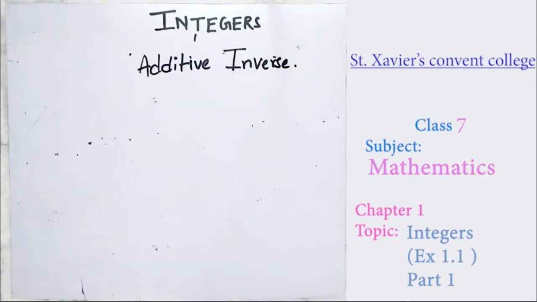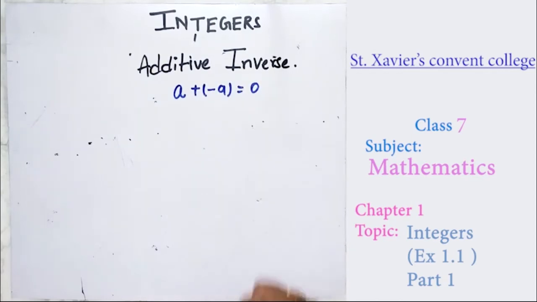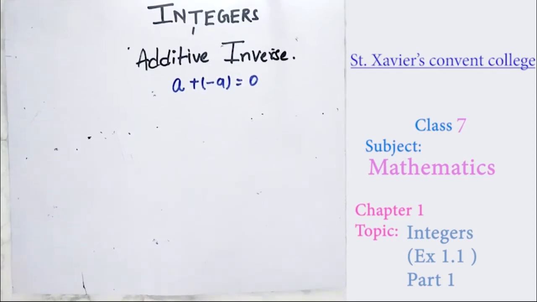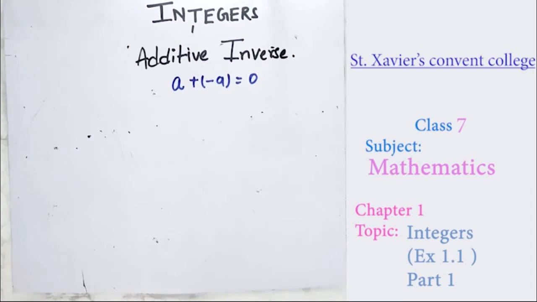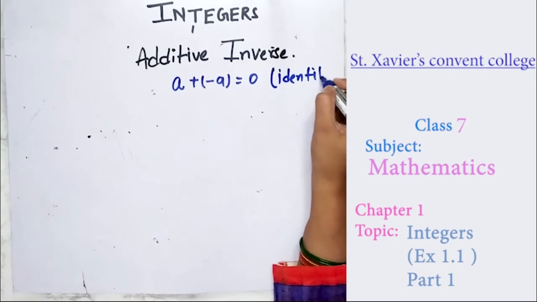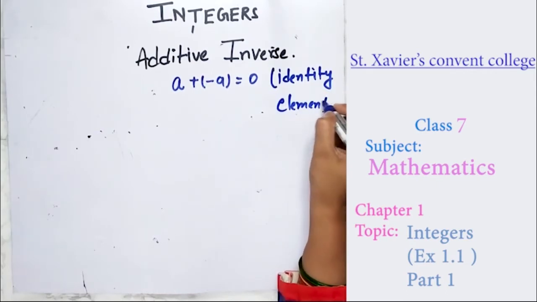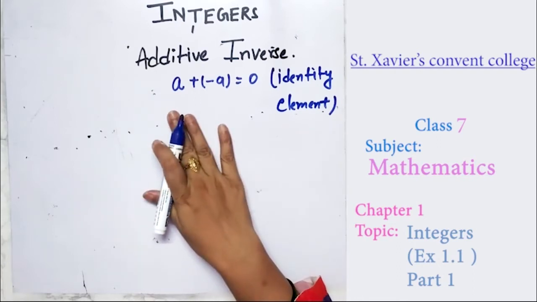Additive inverse. Integers have a very important property, that is additive inverse. A plus minus of a gets added to 0. 0 basically here is an identity element. You are going to study this in further elaboration when you reach class 8. We are discussing only this much here.